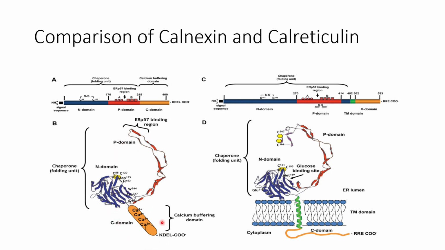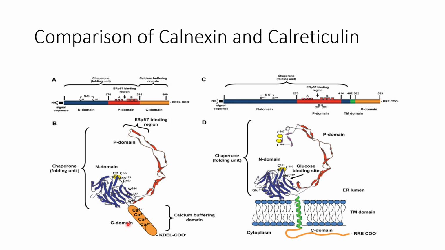Whereas the C domain of calreticulin is slightly different from calnexin, and this C domain makes calreticulin a multi-process molecule. First, it helps as a Ca2+ buffering protein in the endoplasmic reticulum.